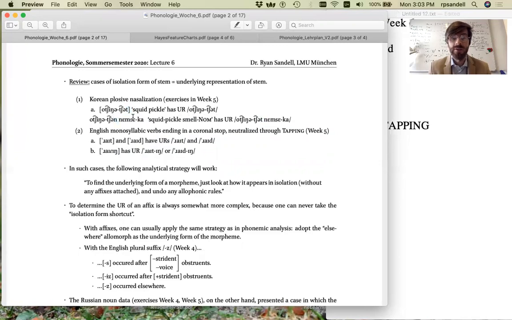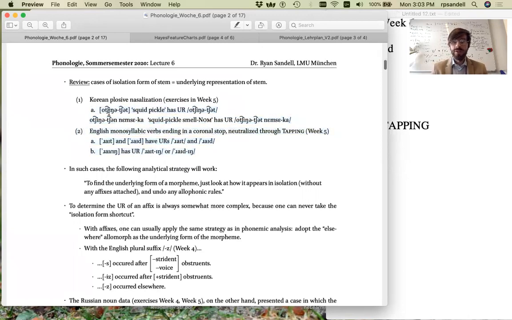It becomes a coronal nasal. So the word in isolation, squid pickle, which has the coronal stop ta, shows us what the underlying form of the word meaning squid pickle should be. And just in case it's put into a further phrase with the word smell, nemse, in the nominative case, nemseka, then we see this nasalization.